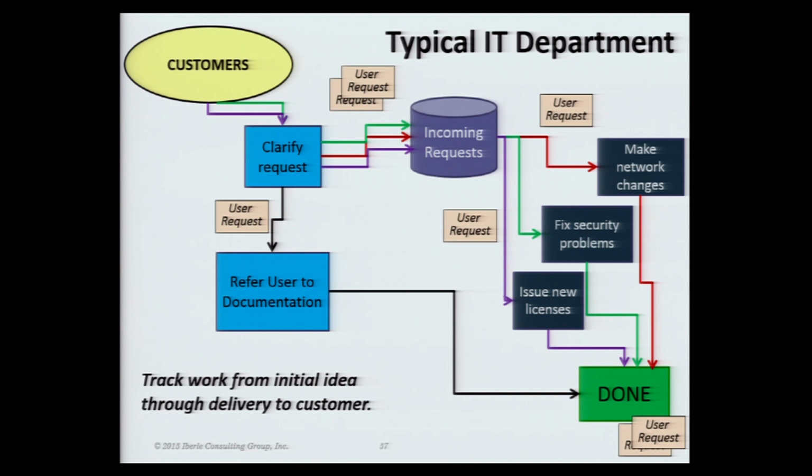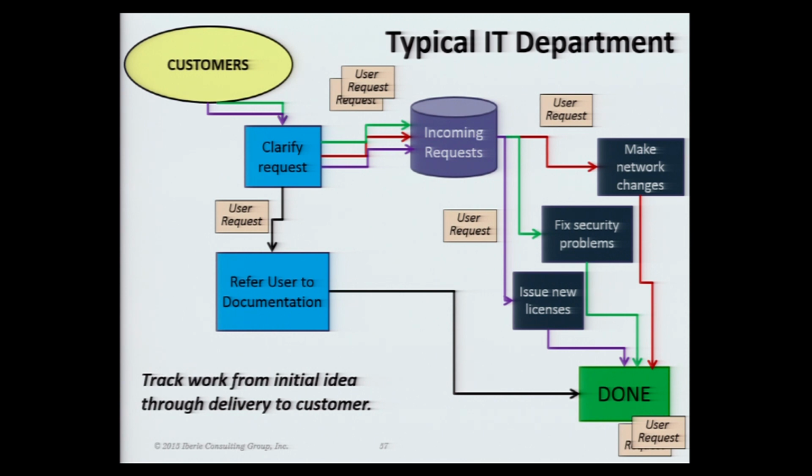And they go through these requests trying to figure out what the person wants, what's going to solve their problem. Some of them should have read the online documentation, so you refer them to the documentation and you're done. Some of them, however, need an actual change, so the people doing the clarifying file a ticket if there isn't one already, and they've got all their tickets in here.